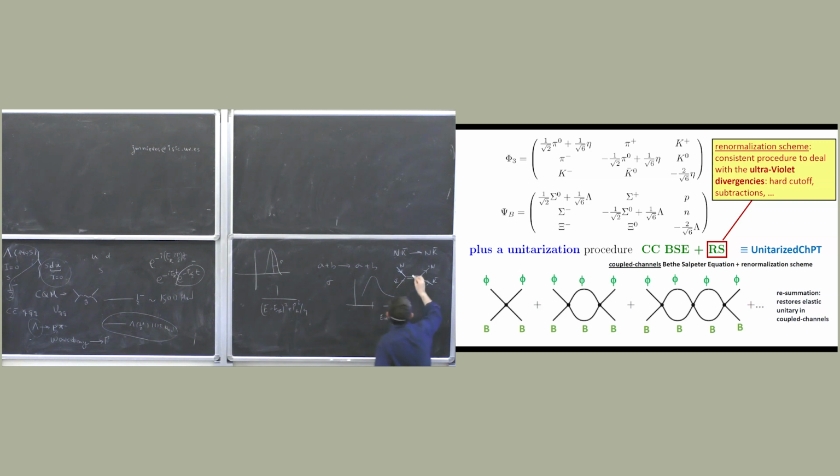Which are the quantum numbers of this intermediate state if they are in S-wave? The nucleon is one half plus, the kaon is a Goldstone boson, 0 minus, and they are in S-wave. What is the spin parity of this object? 1/2 minus.